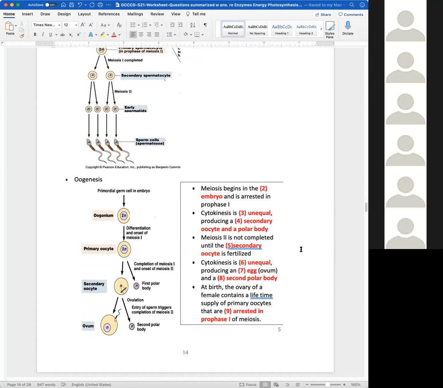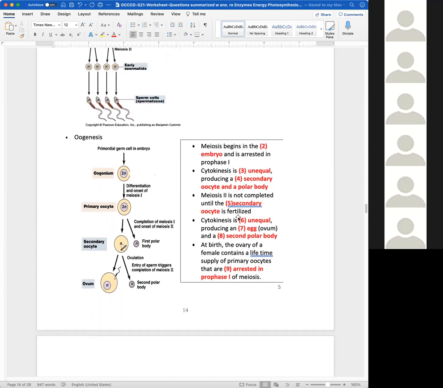Meiosis 2 is not complete until the secondary oocyte is fertilized. And again, in meiosis 2, cytokinesis is unequal, producing an egg, which is the only real product, and a second polar body, which dies. So at birth, the ovary of a female contains a lifetime supply of eggs, primary oocytes, that are all arrested in prophase 1 of meiosis.